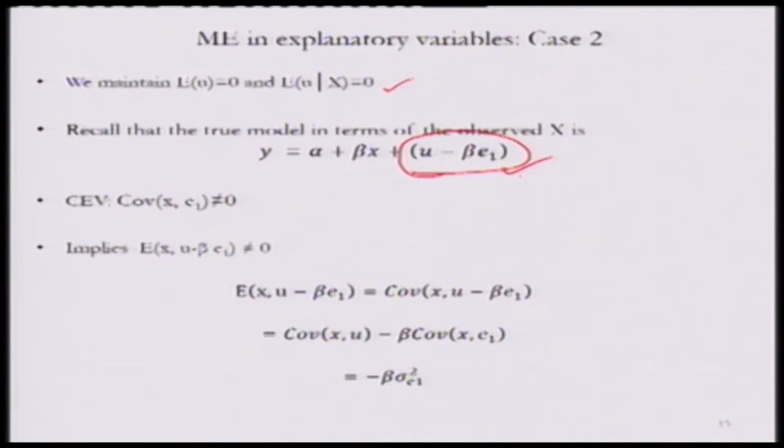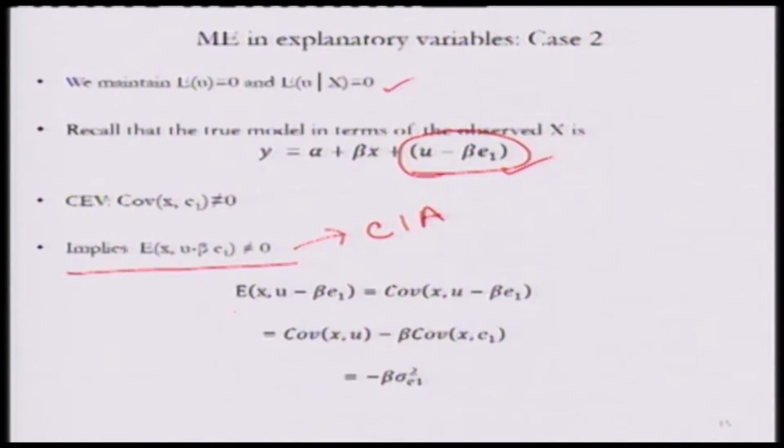Okay. What does this imply about the covariance between x and the new error term u minus beta E1? This is what we need to understand, because this essentially gives you the CIA, the conditional independence assumption, and effectively determines whether the estimation of beta hat by OLS is biased or not.